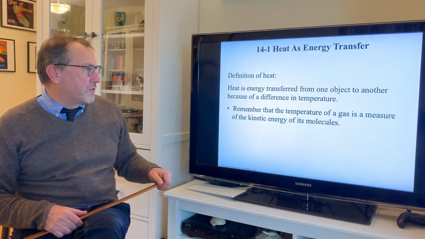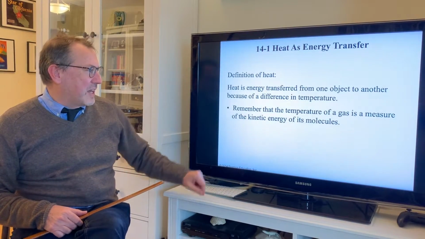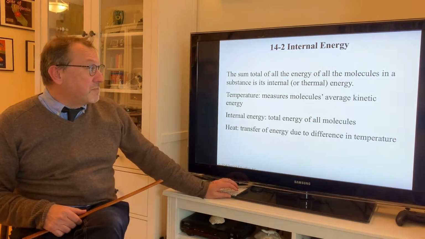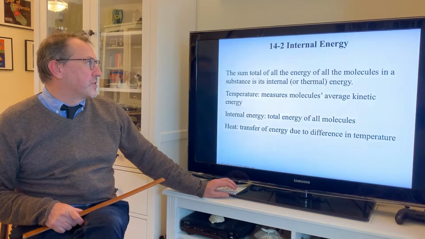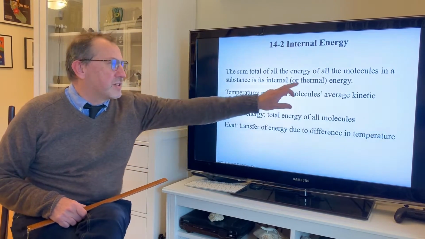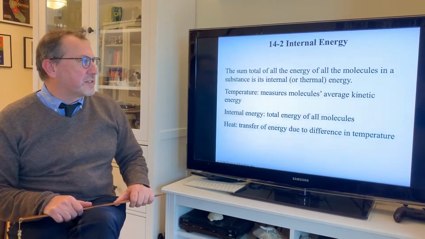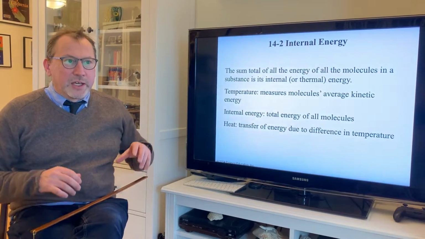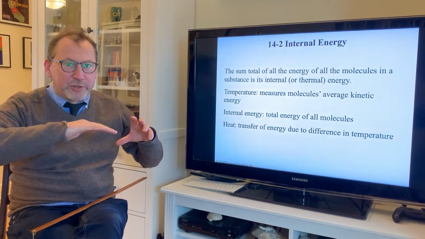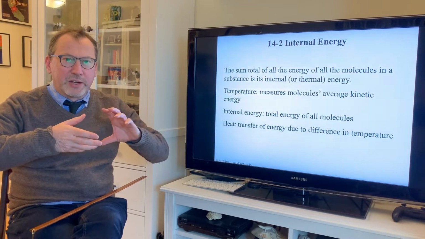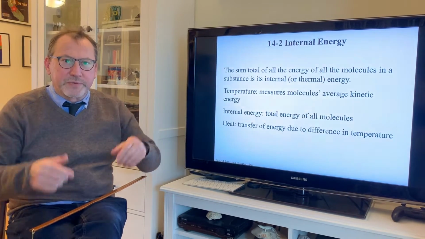Remember that the temperature of a gas is a measure of the kinetic energy of its molecules. Okay, the sum total of all the energy of the molecules in a substance is its internal or thermal energy. I tend to use thermal energy, right? So that's the total energy. And remember what I said at the beginning, it's not only the translational kinetic energy, the molecules can be vibrating and rotating around, doing all sorts of other things, right?